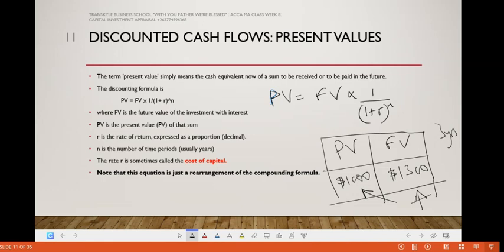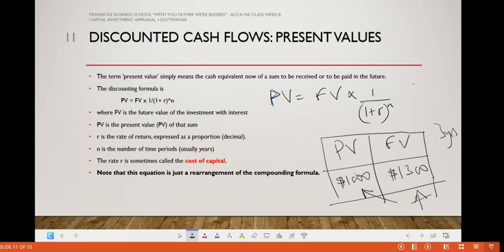So in this particular formula, we have the FV, which is the future value of the investment with interest. The future value of 1,000 today is going to be 1,300 when we consider the impact of interest and so forth.